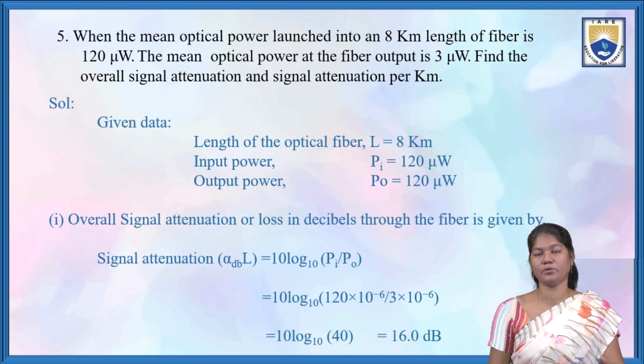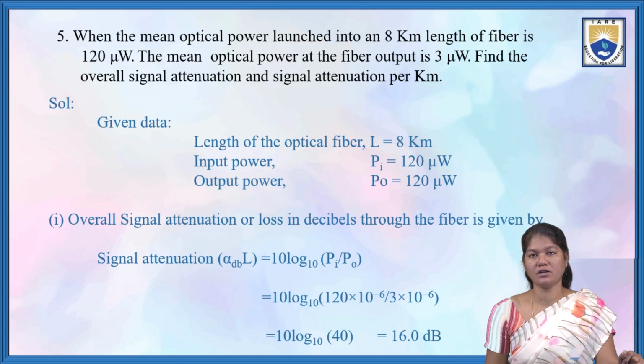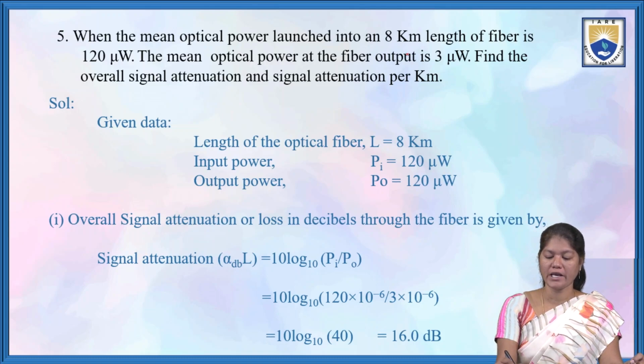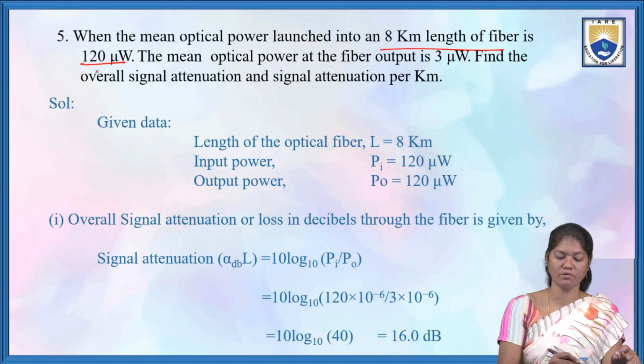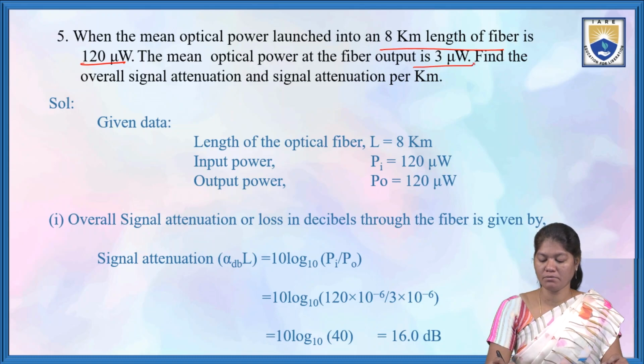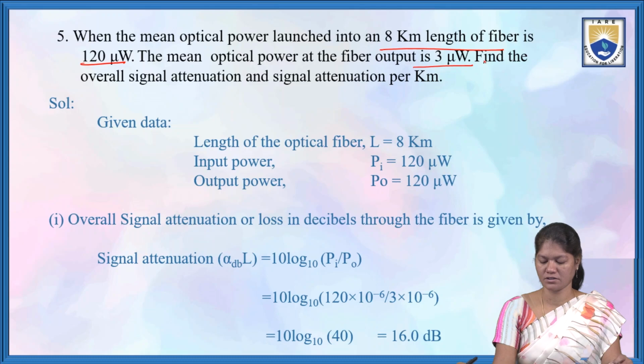So next problem. When the mean optical power launched into an 8 kilometer length of optical fiber is 120 microwatts, the mean optical power at the fiber output is 3 microwatts.